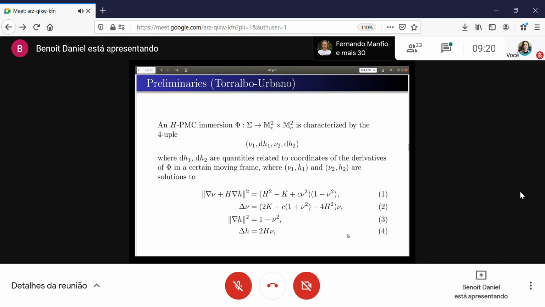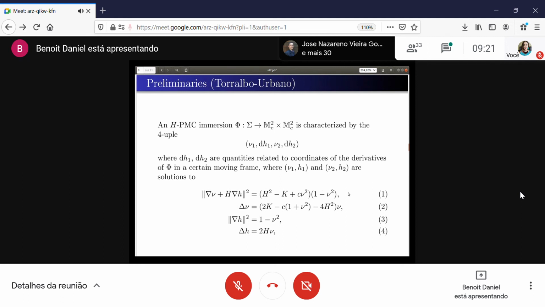It means that if I take a CMC isometric immersion into M2 cross R, then I can define nu and H satisfying this system, and conversely, if I have nu and H solution to this system, then I get an isometric immersion, which is CMC in M2 cross R. Okay? So nu1 H1 gives me a CMC isometric immersion.